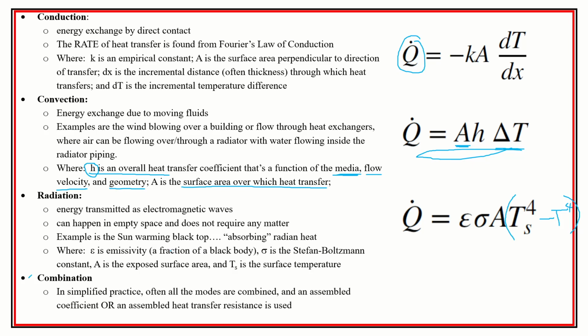We also notice that in practice we're usually going to use some type of simplification, and we actually use it like a conductivity or the inverse of the resistance, and we assemble a total resistance based on the scenario that we have, most often from conduction and convection, but it could have some radiation.